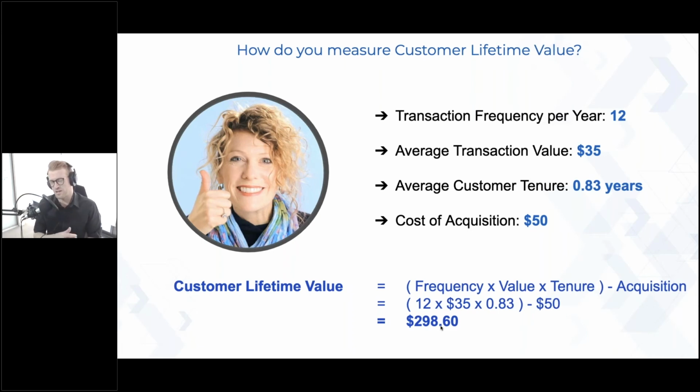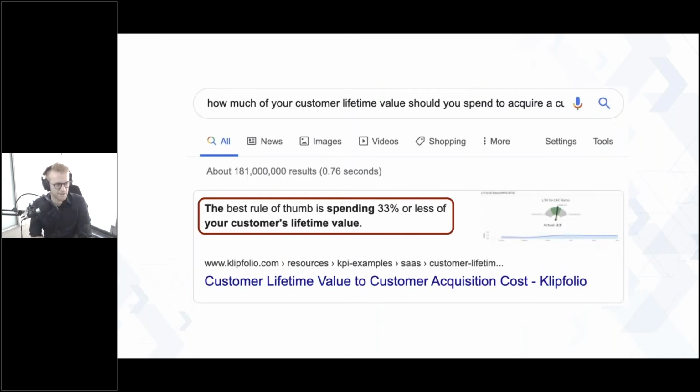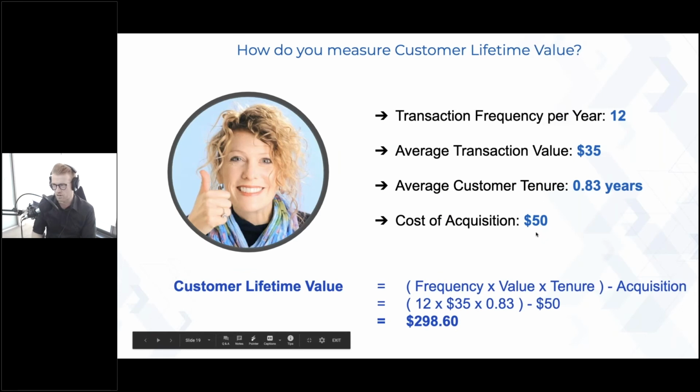Where you could go one step further is if you look at the pure profitability, which is the truest sense of lifetime value. As I mentioned before, the best rule of thumb, if you ask Google, is 33% or less to acquire a customer. So for Paul, he can probably spend about $100 in reality to acquire a customer.